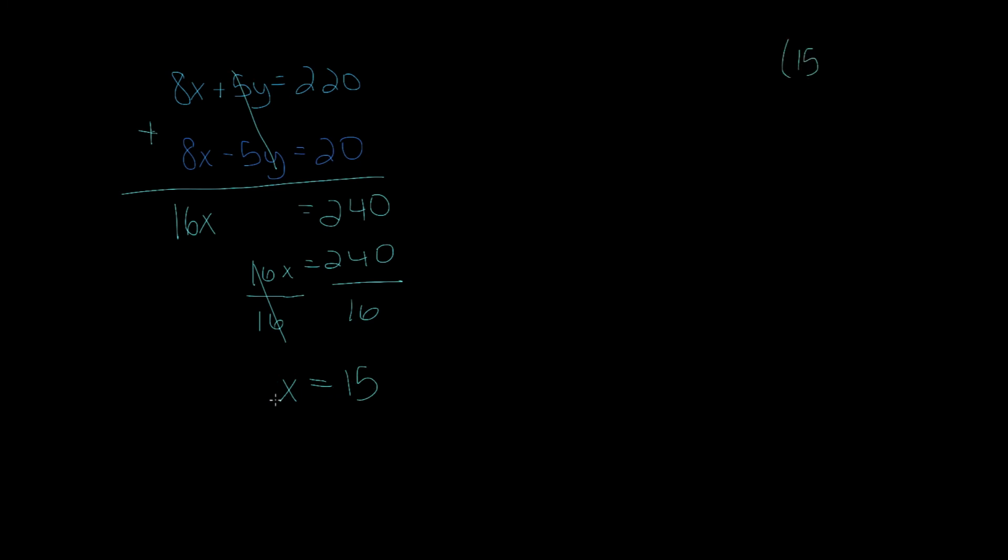Now, again, remember what we have to do to get the y-coordinate is just plug in 15 for the x in either of the equations and just solve for y. So I'm going to choose the first equation to plug the x value into. So that was 8x plus 5y is equal to 220.